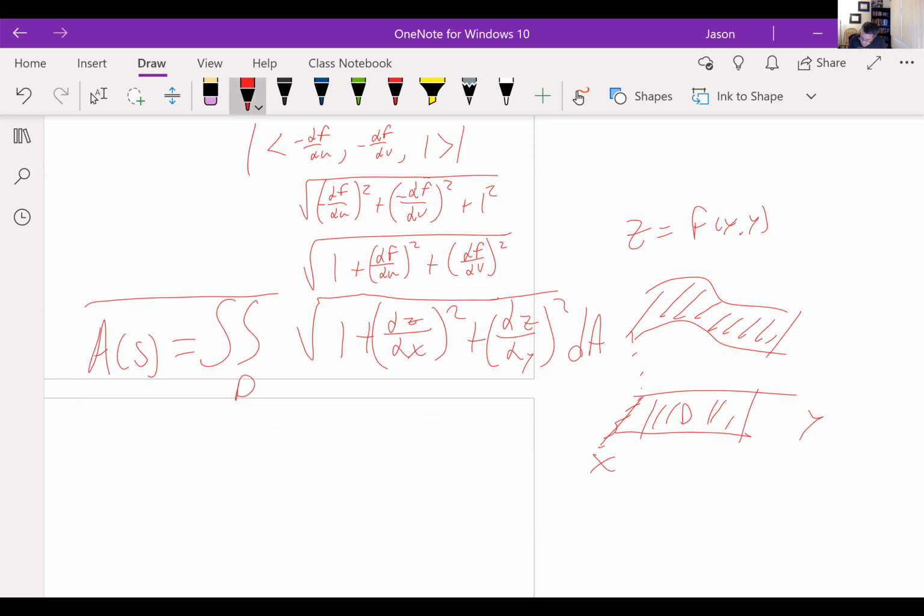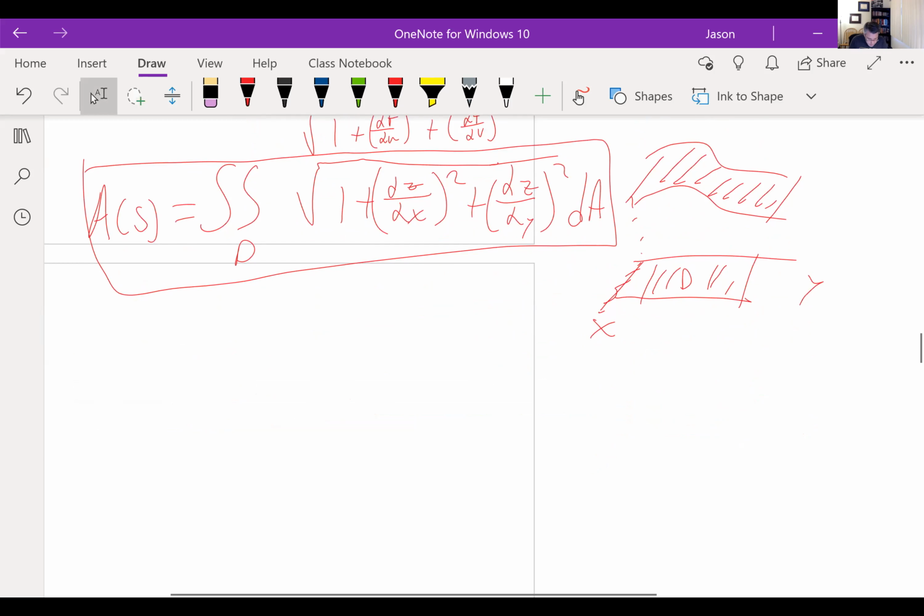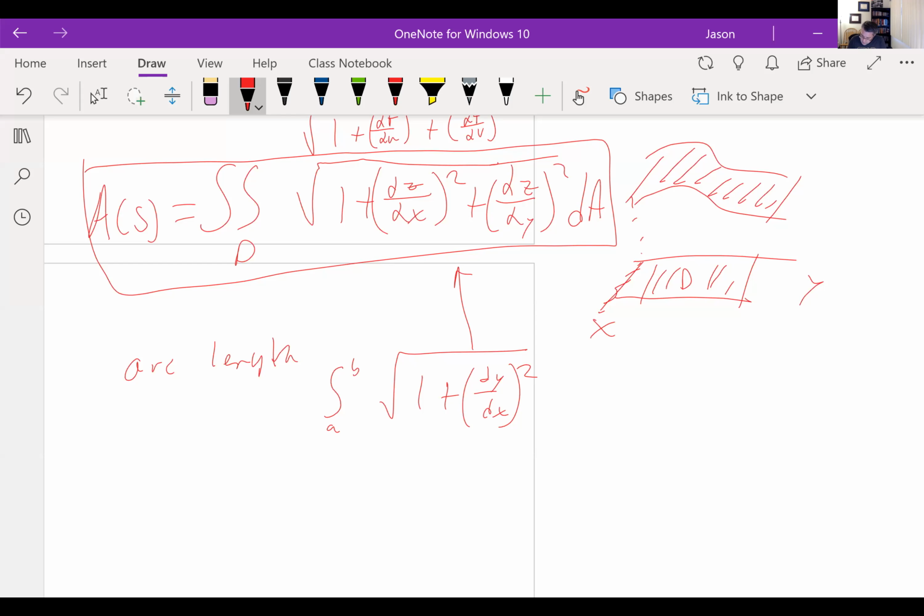Which is extremely analogous to what we did for our arc length. What was our arc length formula? Well, our arc length formula was the integral from a to b of the square root of 1 plus dy dx squared. Don't those look fairly similar?